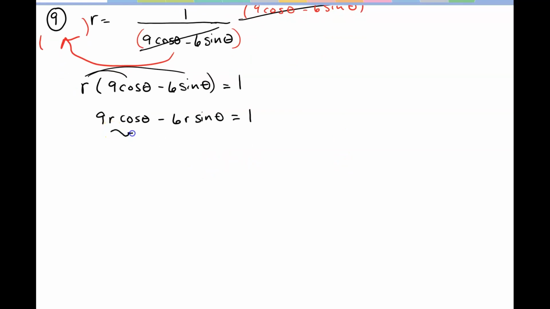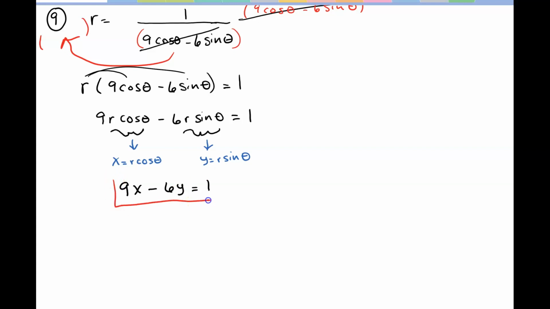We have r cosine theta, r sine theta. Remember, x equals r cosine theta and y equals r sine theta. So, very simply put, I have 9x minus 6y equals 1. My Cartesian equation right there.